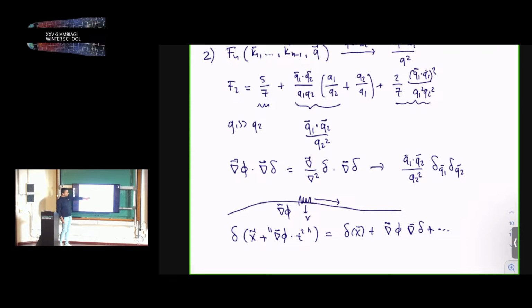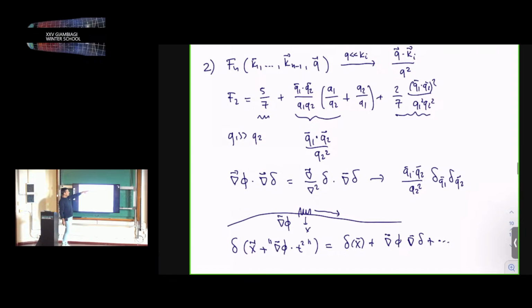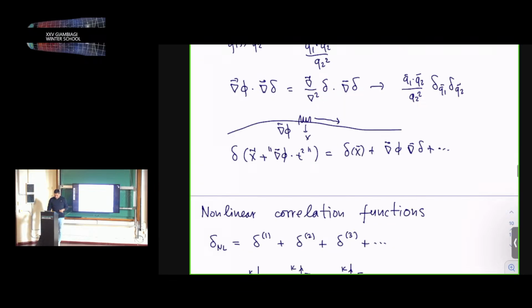Anyway, I just wanted to say here, and we will come back to this tomorrow, that this particular apparent infrared divergence has a very important role, and it has some physical meaning for the BAO peak, and it comes really from this type of terms in the gravitational nonlinearities, where we're displacing small scales, moving them far away because they're in free fall in the long wavelength background of some long wavelength density. All right.